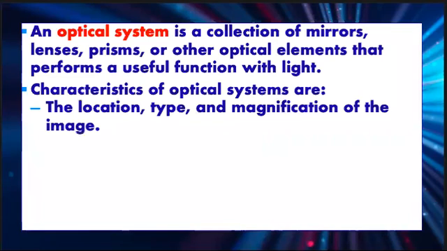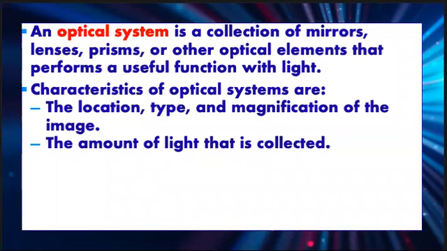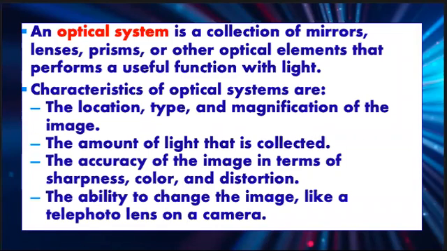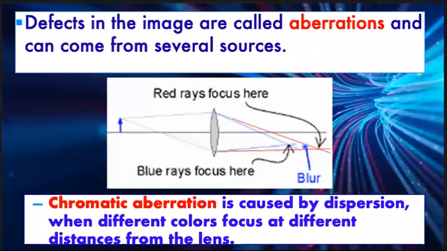The characteristics of optical systems are the location, the type, and magnification of the image, the amount of light that is collected, the accuracy of the image in terms of sharpness, color, and dispersion, and the ability to change the image like the telephoto lens on a camera. Now, the defects in the image are called aberrations.